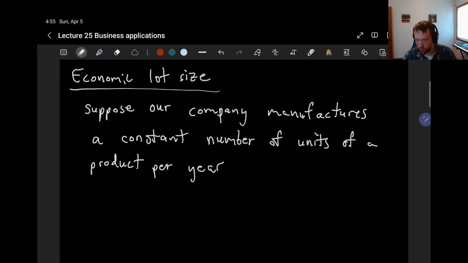That keeps things simple. Now, that's not very realistic, but we have to start somewhere to keep things a little simplified. And also, we're going to say the demand is constant as well. Again, not very realistic, but we'll just roll with it.